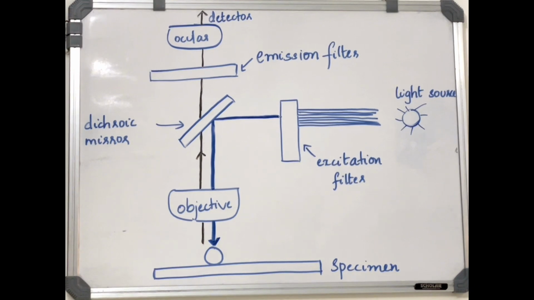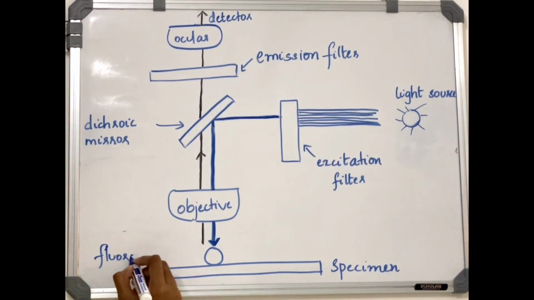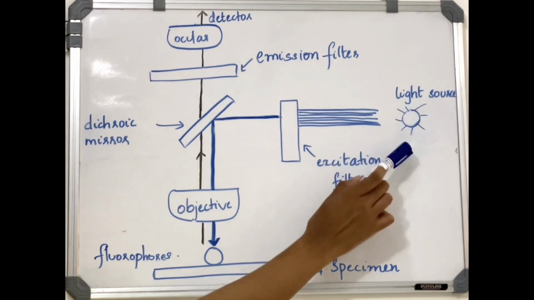Now let's see the working mechanism of a fluorescence microscope. In order to observe a sample through a fluorescence microscope, the sample will be labeled with fluorescent dyes known as fluorophores or fluorochromes. Here there is the light source.